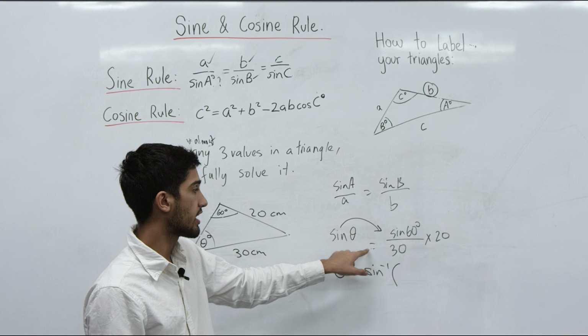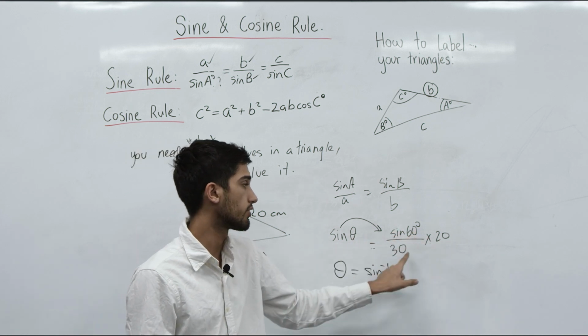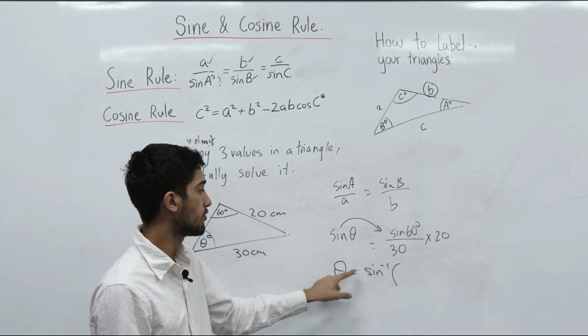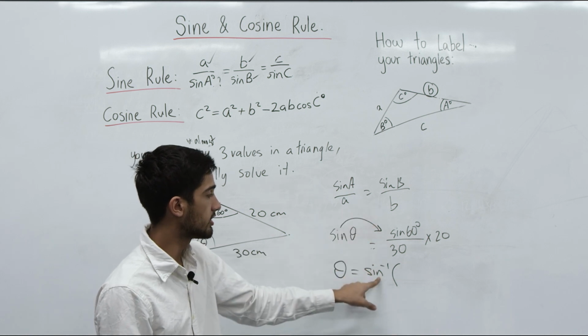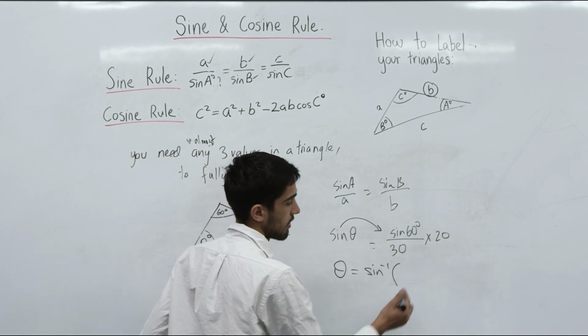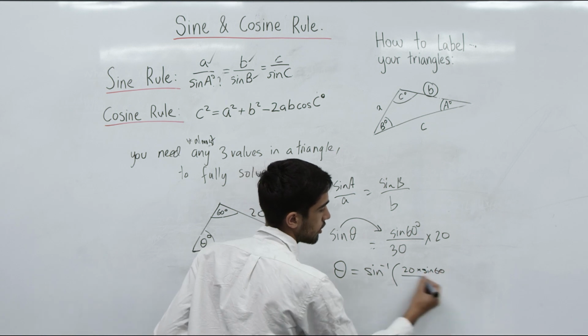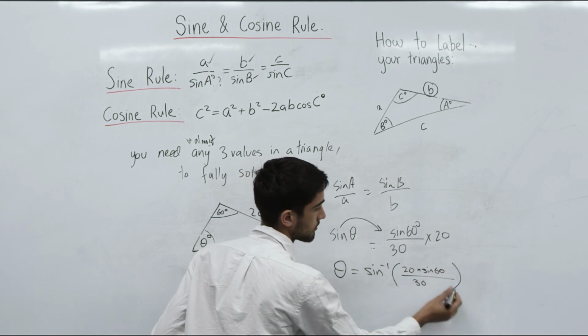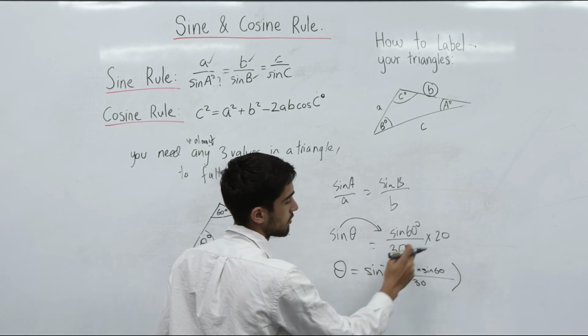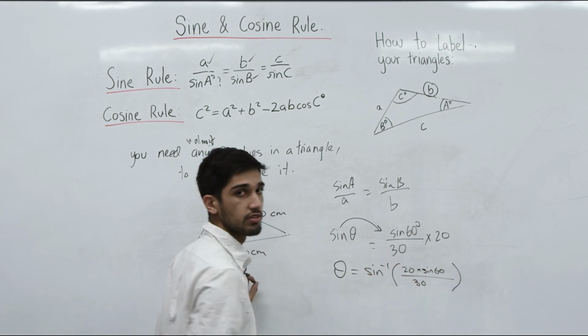So if you have the sine of theta equals sine 60 times 20 over 30, then theta by itself equals the sine inverse of 20 times sine 60 over 30.